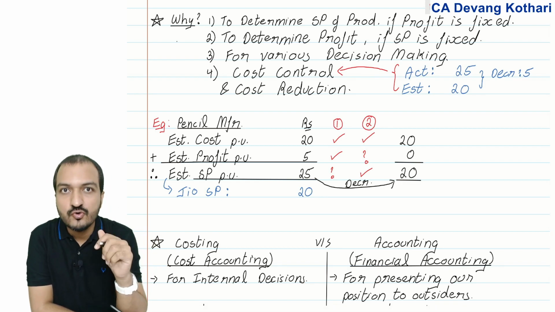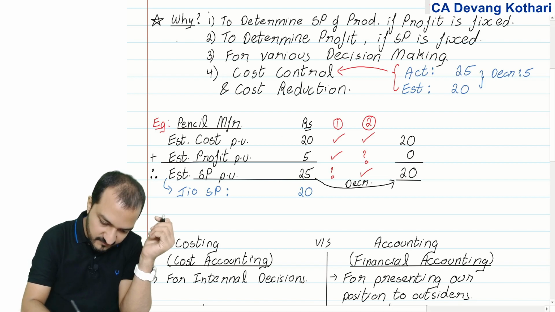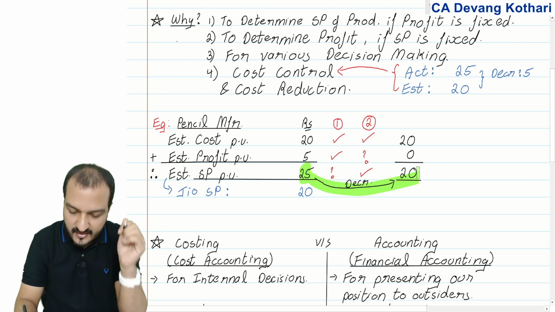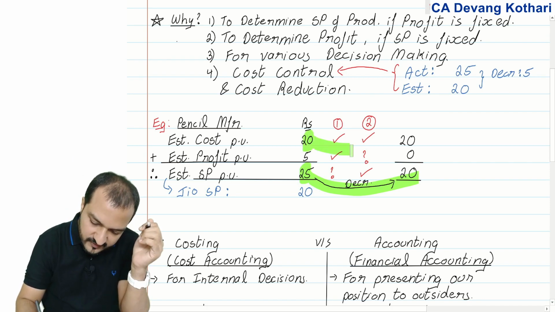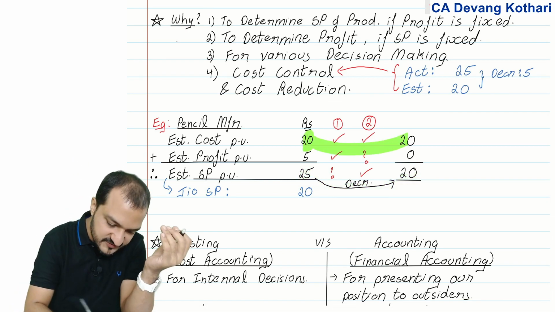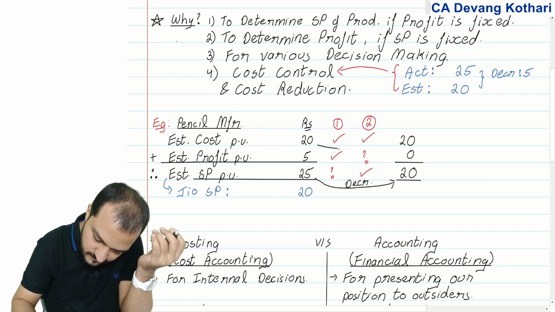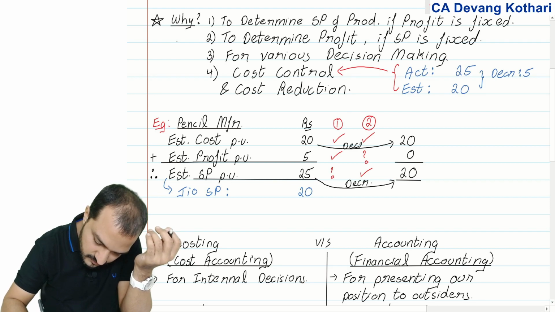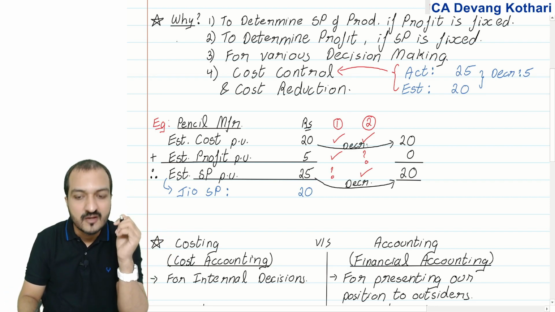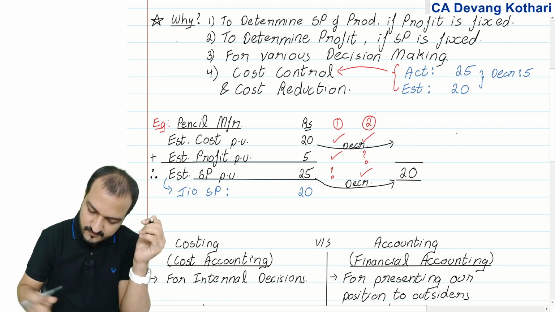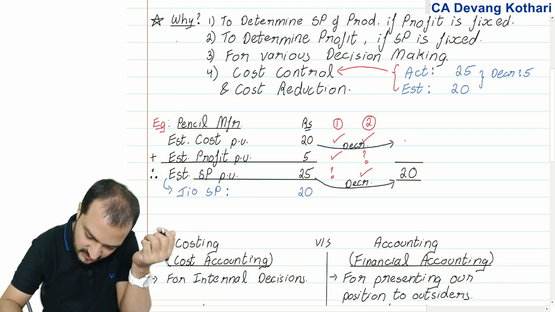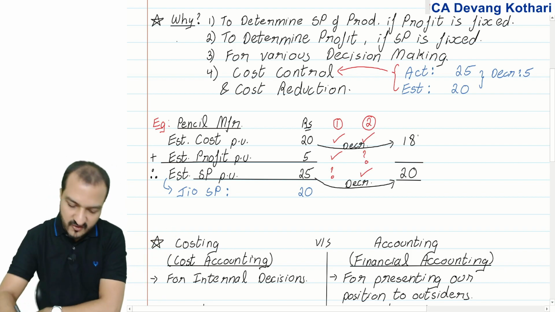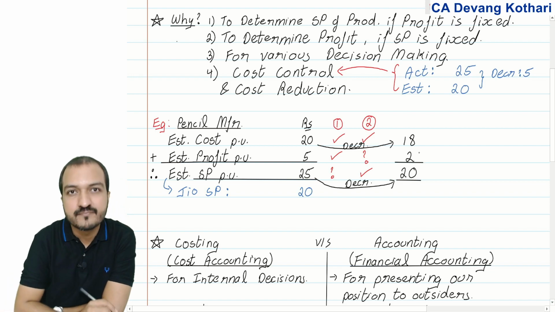So if my selling price needs to be decreased from 25 to 20, I need to think of decreasing even my cost. Let's say I need to decrease my cost up to 18. That will give me at least 2 rupees of profit.